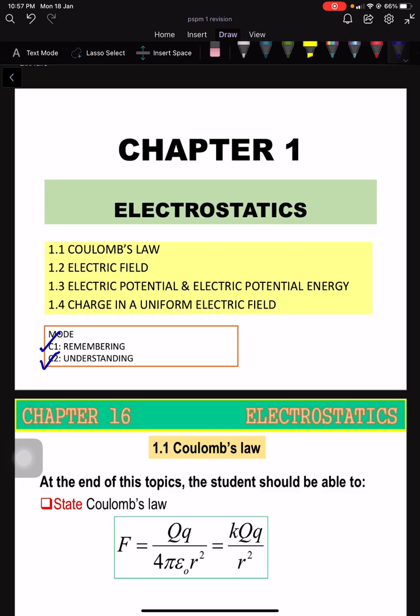Otherwise, C3 and C4, CLO3 and CLO4, we cover in the tutorial. In the tutorial, you are more focused on calculation, explanation, and problem solving. Okay, so let's start with Chapter 1 for electrostatics.